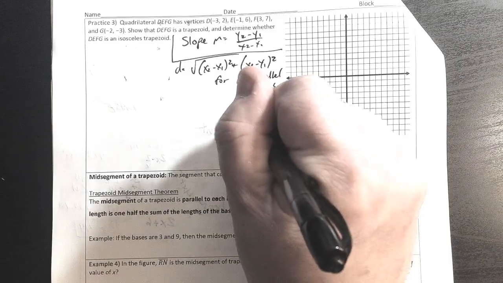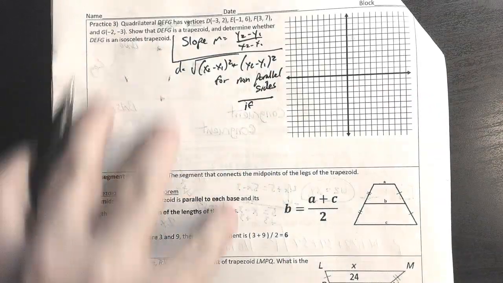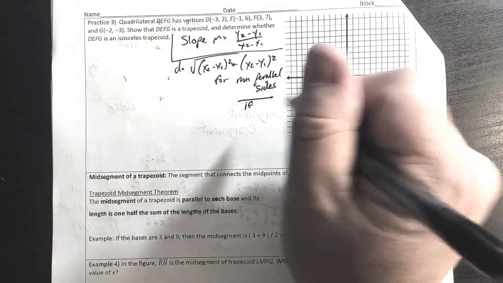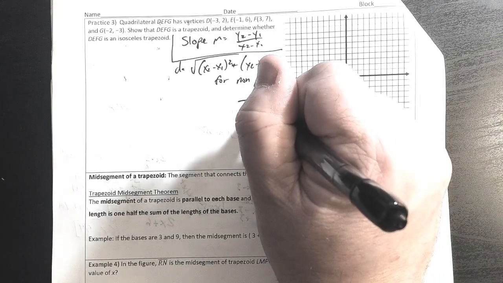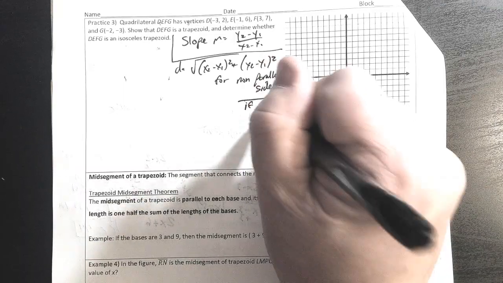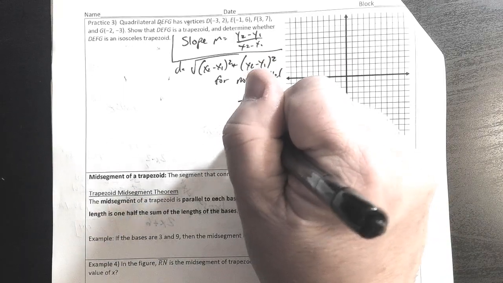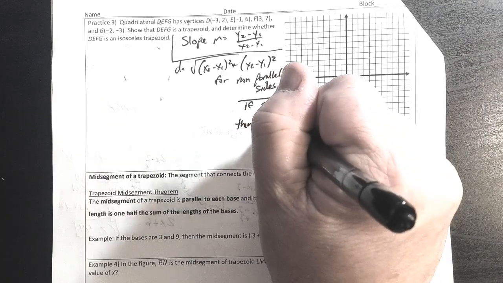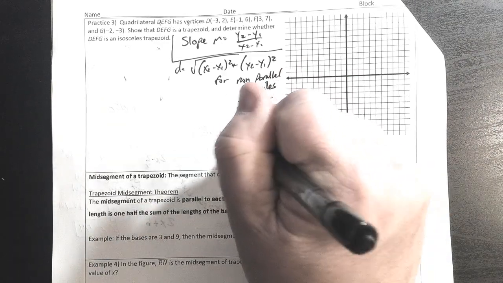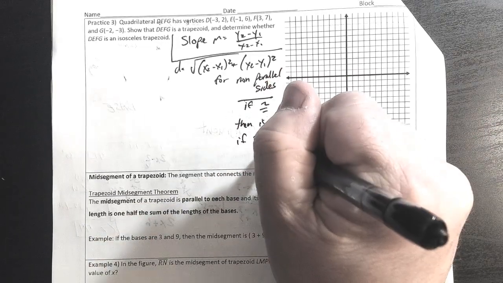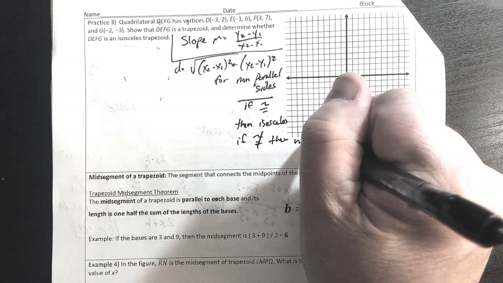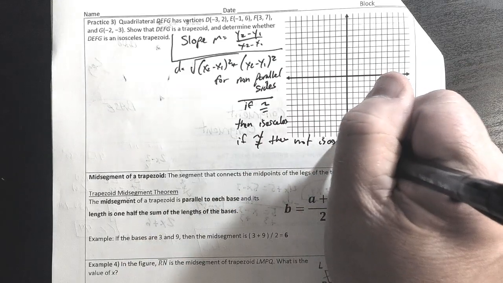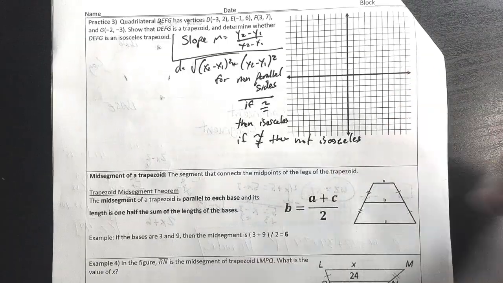Don't write all this, you do the problem, but if the non-parallel sides are congruent, then it's an isosceles trapezoid. If not congruent, then not isosceles. So you check it out, let me know.